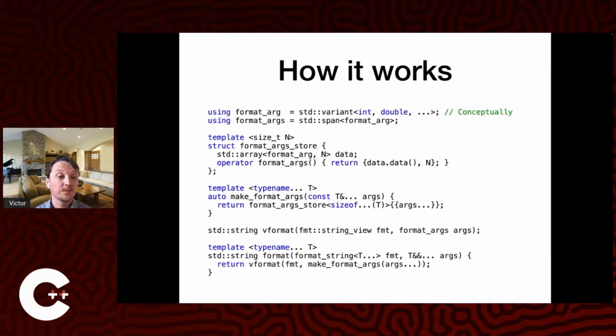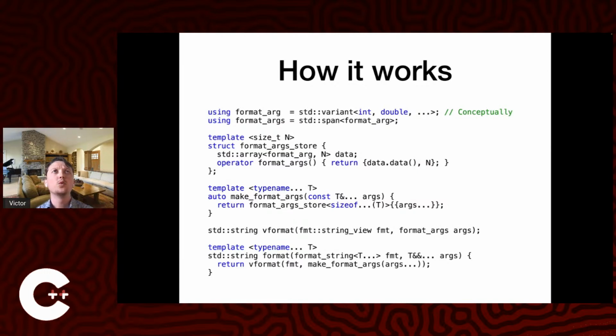An individual argument is represented as a variant of built-in types and a special handle for user-defined types. And a pack of arguments is essentially a span of these variants. In practice, it's represented much more efficiently, with discriminators of these variants stored separately and bit-packed. But this is the main idea.